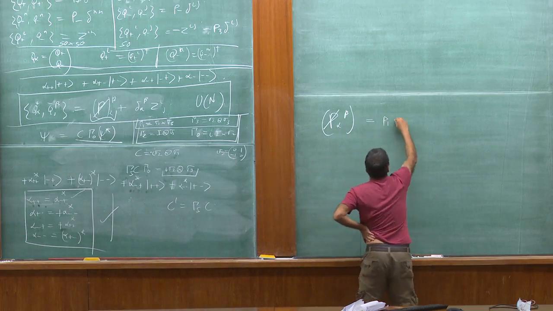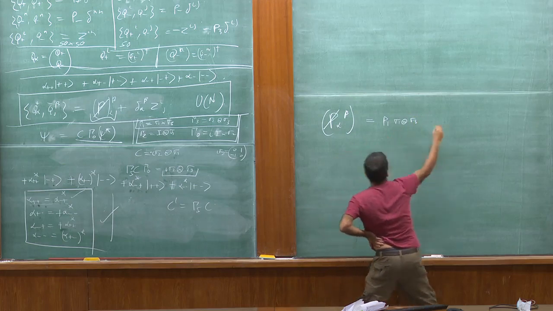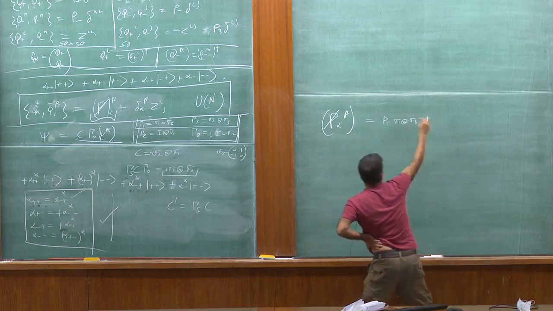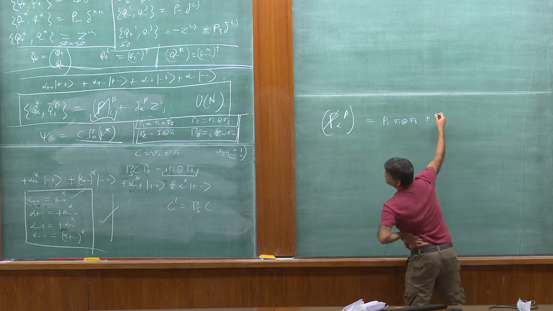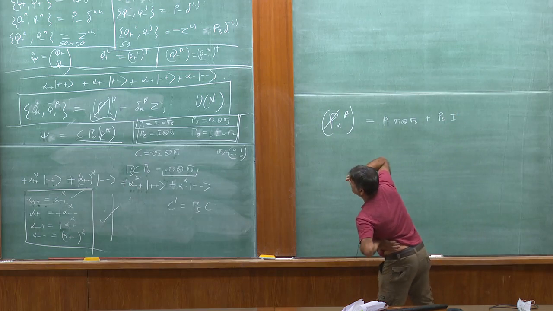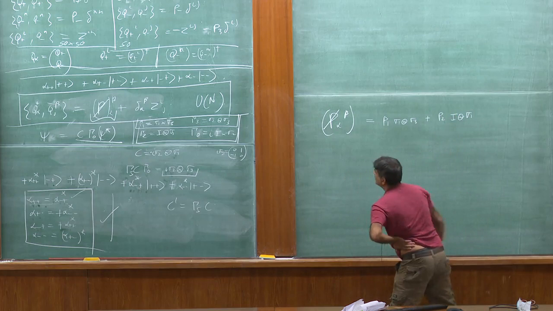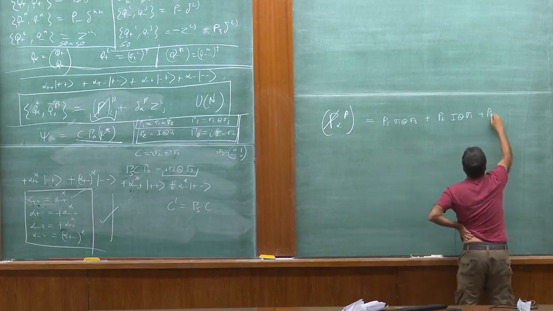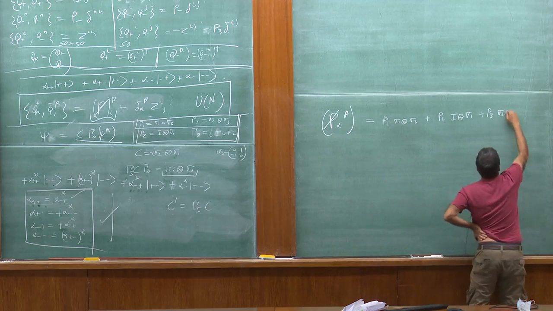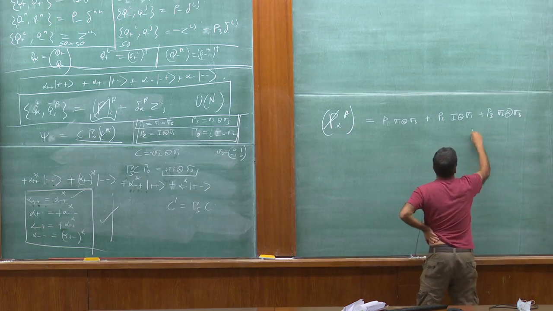p1 sigma 1 slash sigma 3 plus p2 I slash sigma 1, plus p3 sigma 2 slash sigma 3, and then plus p0.